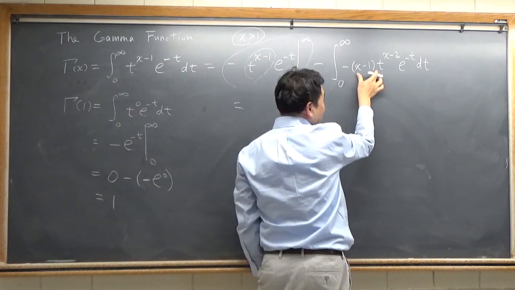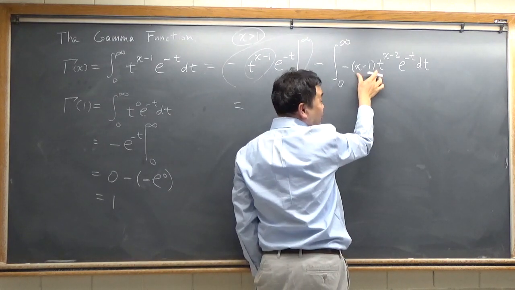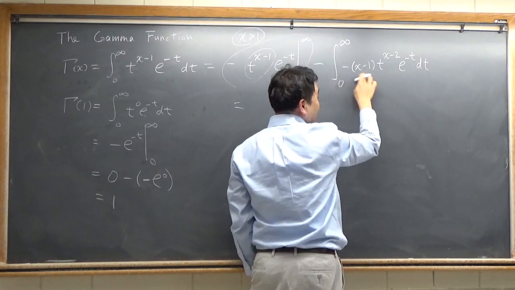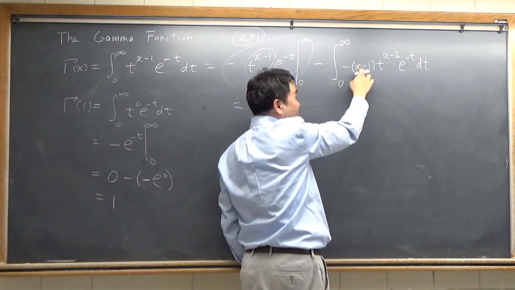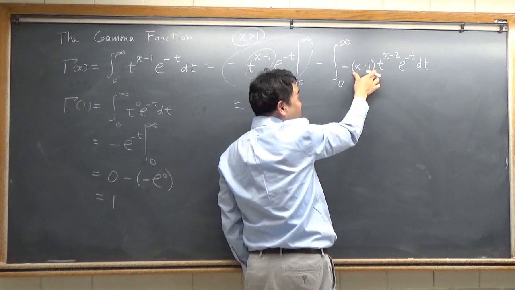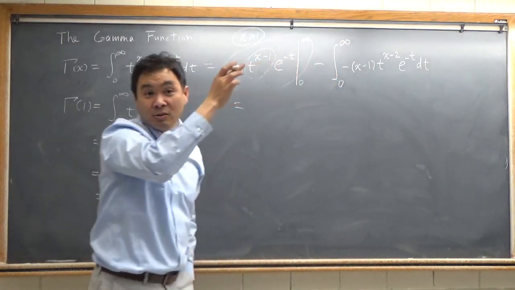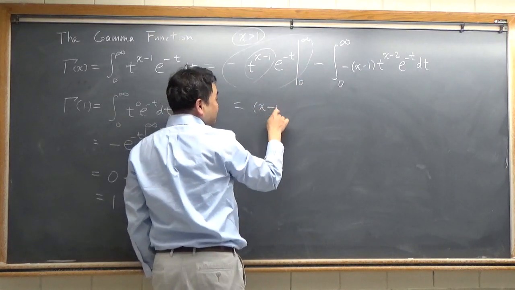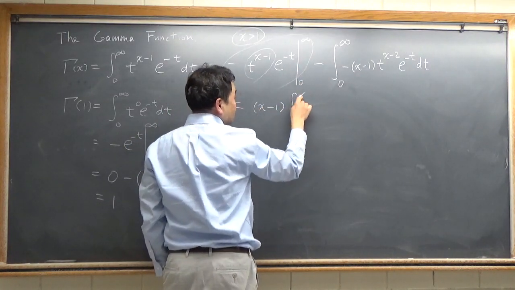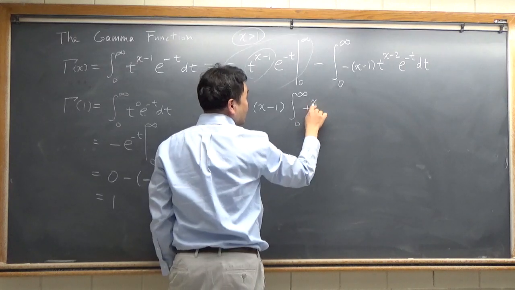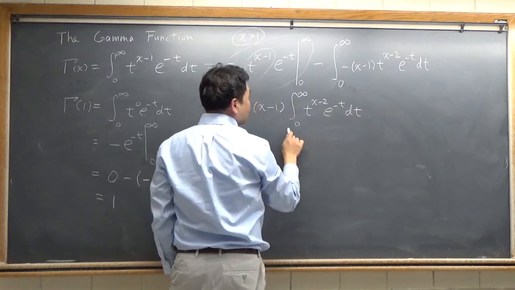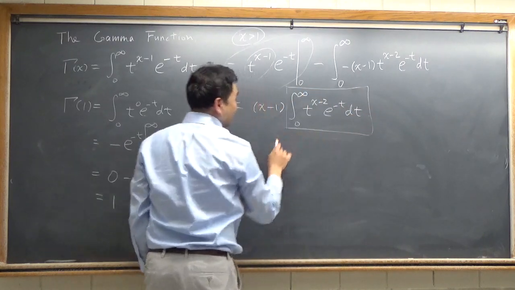Negative of negative is positive. And look, x minus 1, although this looks like a function, in view of the integral dt, this is considered as a constant because this doesn't have any t there. So this x minus 1 can be brought outside. Is that okay? So we're going to bring the x minus 1 outside. And then look closely what this is.